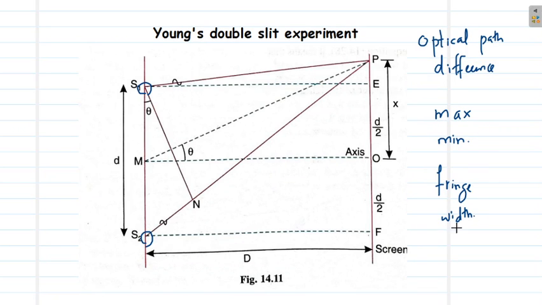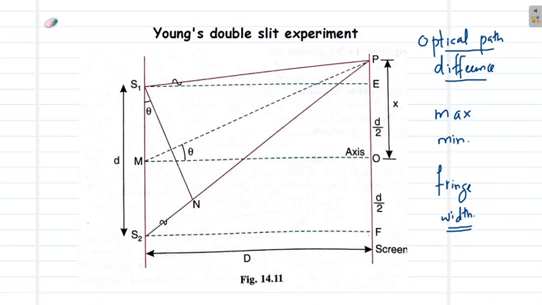So first of all, let us try to derive an equation for the optical path difference in the case of Young's double slit experiment. As we have already learned, there are two different concepts: one is path difference, the geometrical path difference, and the other is optical path difference. If we look at this picture, this is the Young's double slit experiment. Here we have two sources.